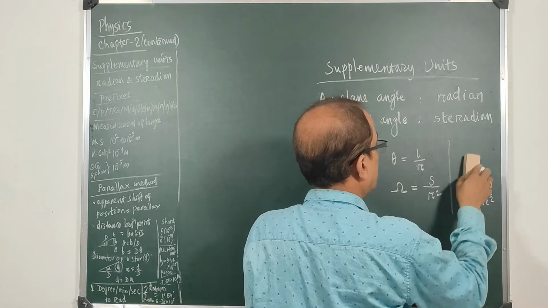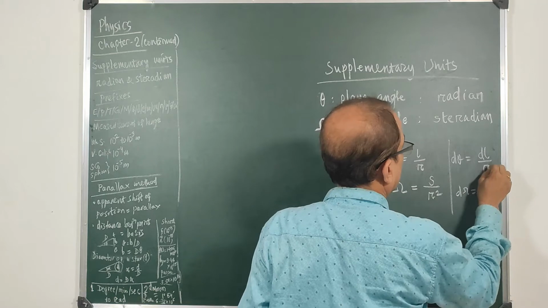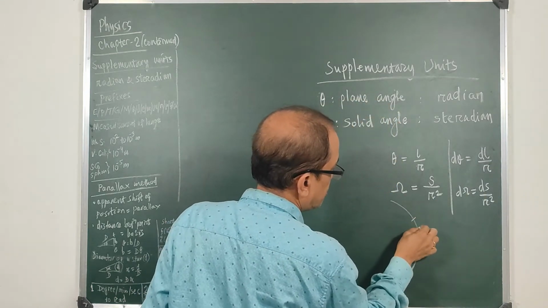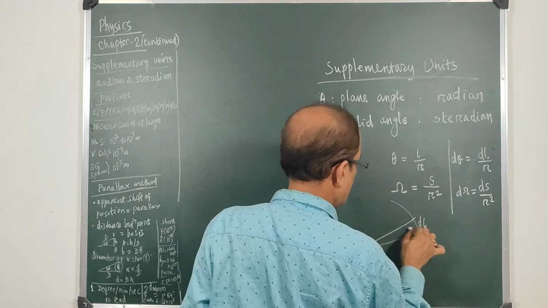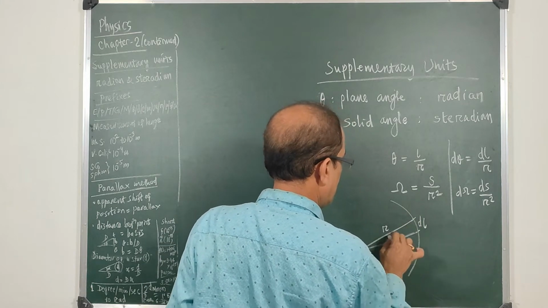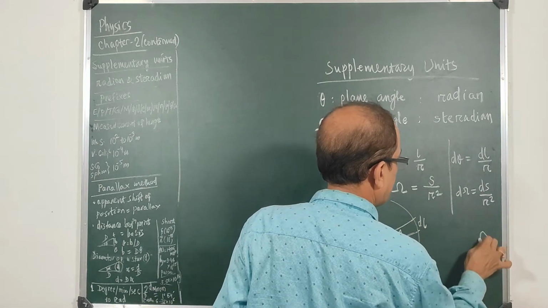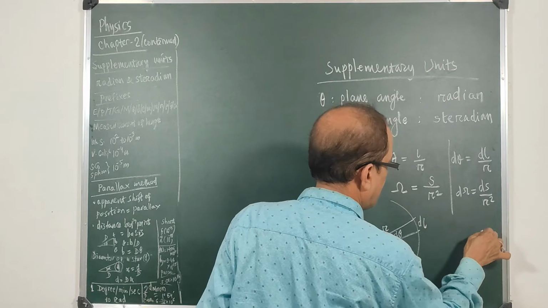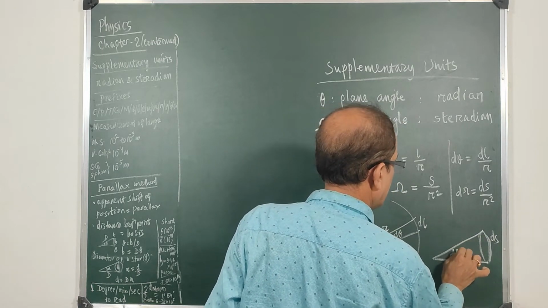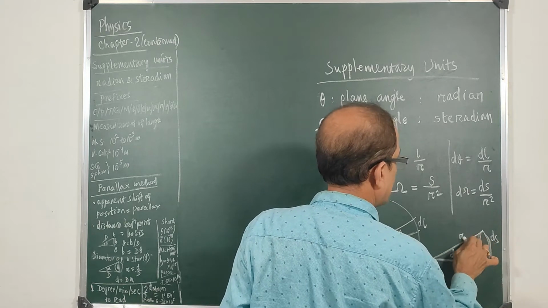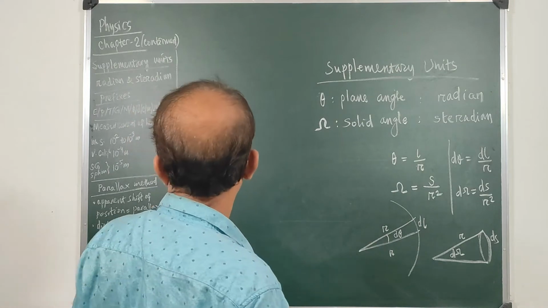When this distance is taken as dl and this radius is r, this angle is d theta, and when there is a surface of area ds connected to a point, then this solid angle d omega will be related to ds and the square of the radius, ds by r square. This concludes the supplementary units.